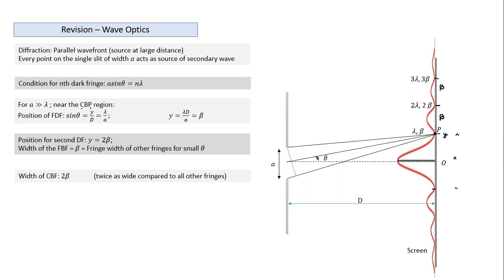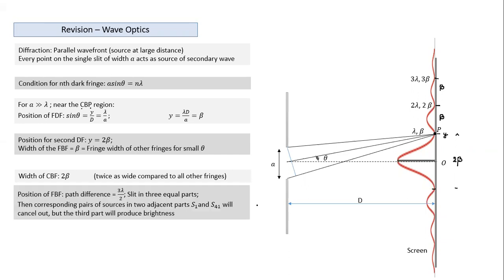So the width of the central bright fringe is equal to 2 beta, twice the other fringes. That's the one deviation, one difference we come across. The central bright fringe is twice as wide as the other fringes. And the reason is that the first dark fringe is not forming at lambda by 2. The first dark fringe is forming at a path difference of lambda. That's the reason.